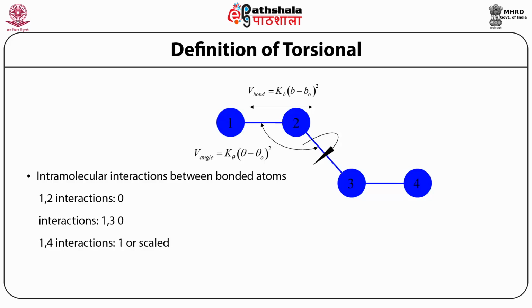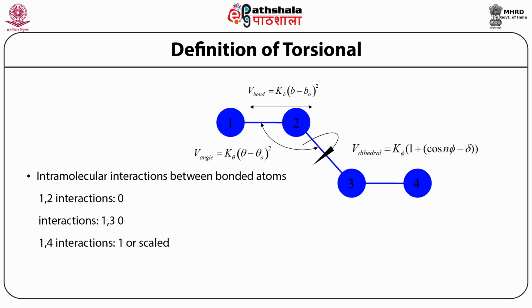This is sometimes used as 1, which is a fully unscaled function, depicted on the right-hand side by k torsion constant times 1 plus cos(n phi minus delta), where n, which we will come to on the next slide, can vary depending on the bond. If it is a single bond between 2 carbons, it might have 3 minima, and it will be shown later.